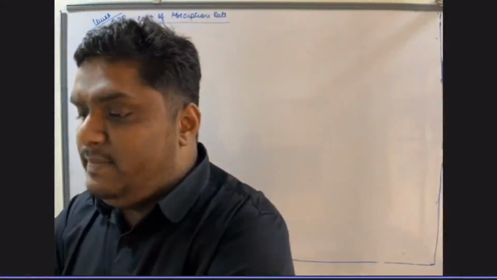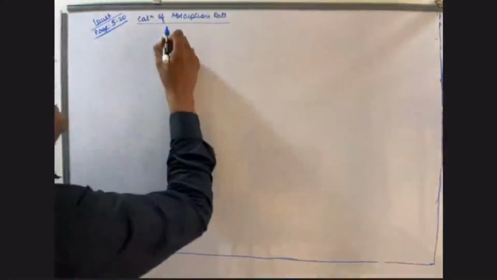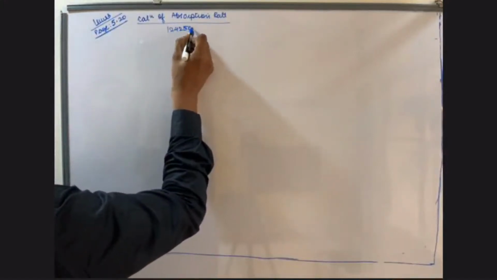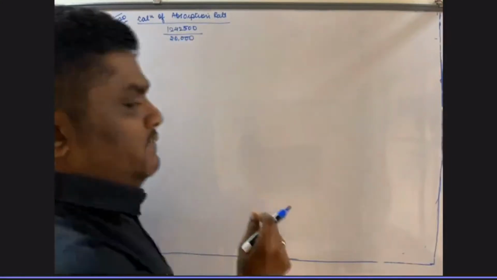First we will calculate the absorption rate. The steps involved for most of the questions will be the same. So my total cost is 12,42,500 and my labor hours are 20,000 hours.